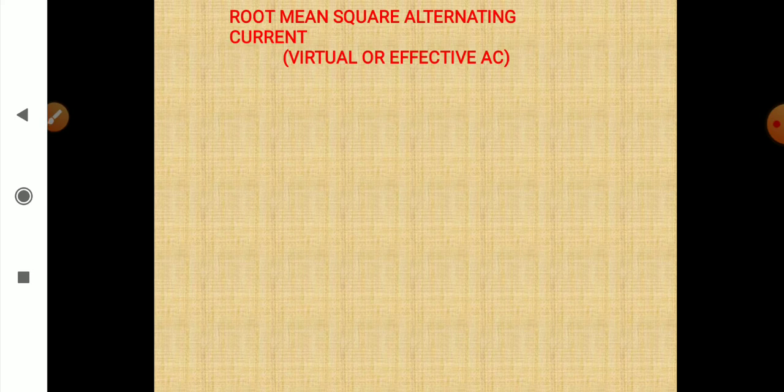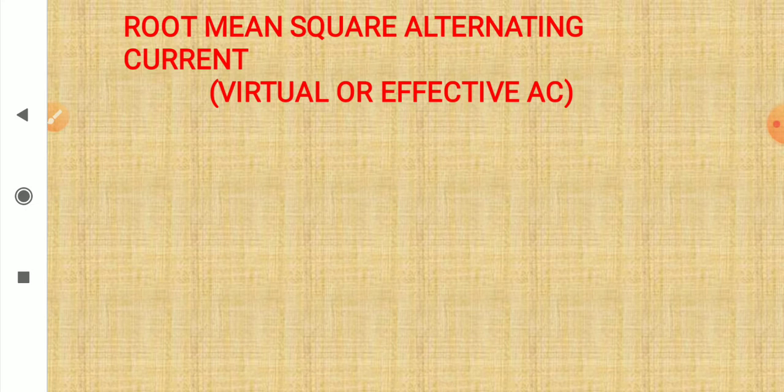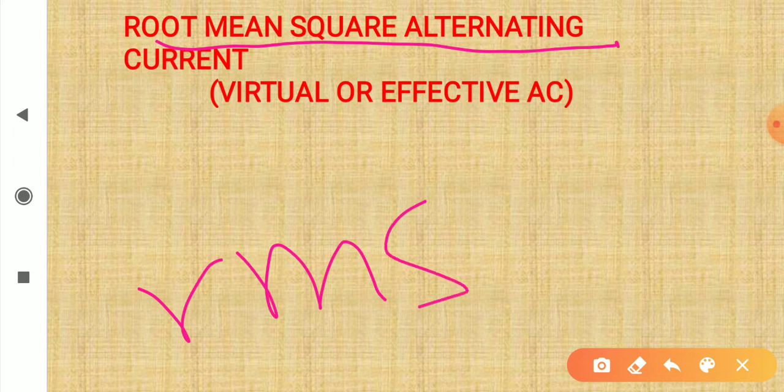Now we are going to take another kind of average which is very important. It is called root mean square alternating current, or RMS value of AC. It is also called virtual or effective AC.